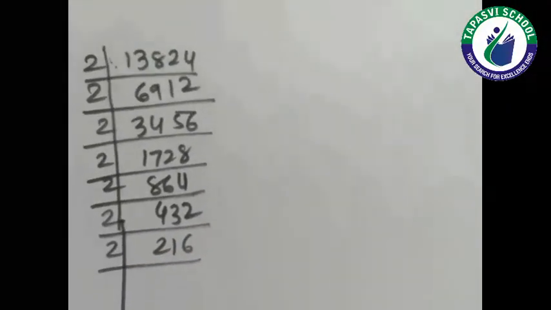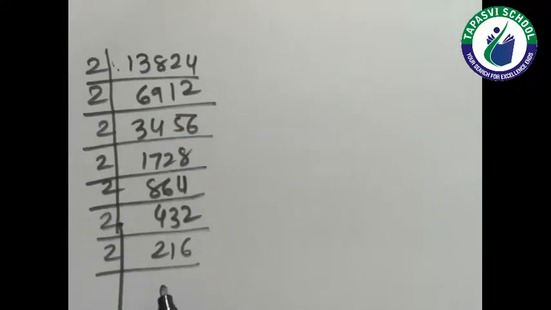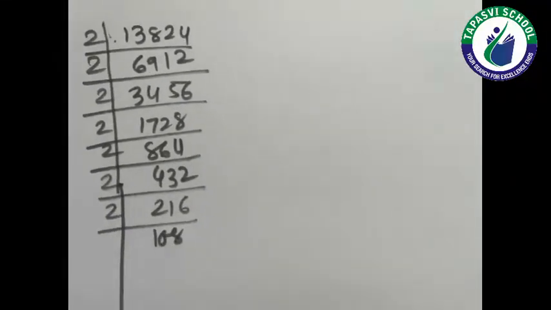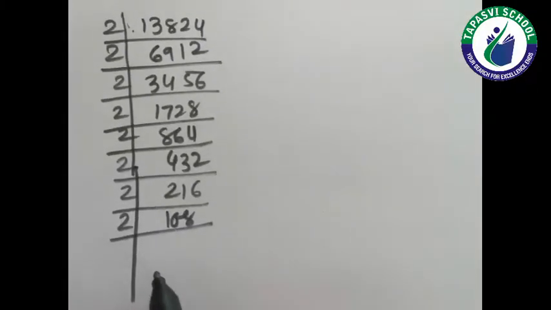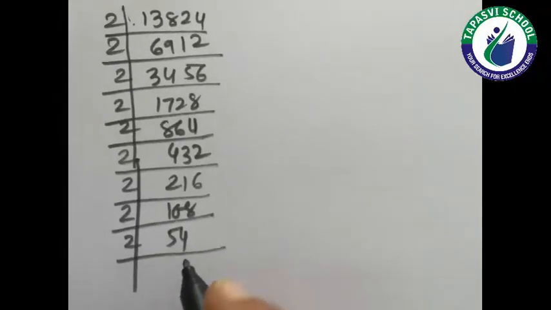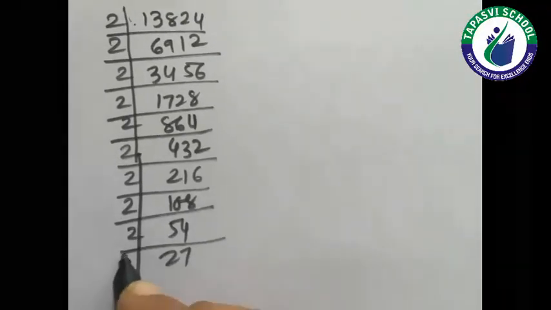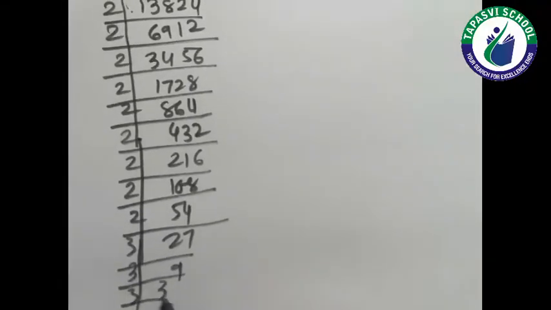So every time we will take 2 as a divisor. Here 1,080 divided by 2. 540 divided by 2. Here 27, 3, 9, 3, 3, 1.